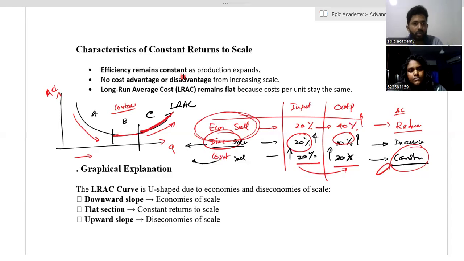So no cost advantages or disadvantages arise for the organization from scaling. The scale is not going to change.